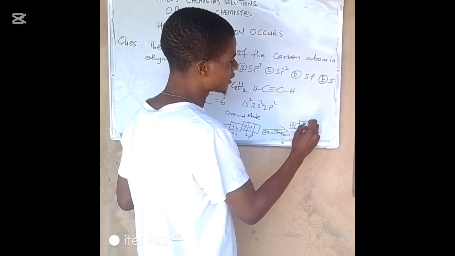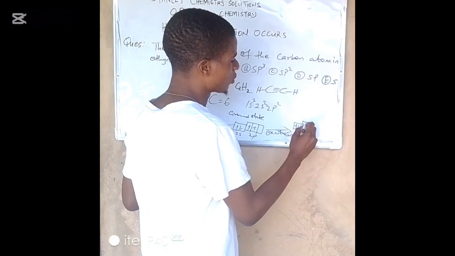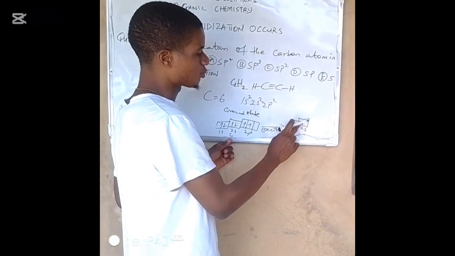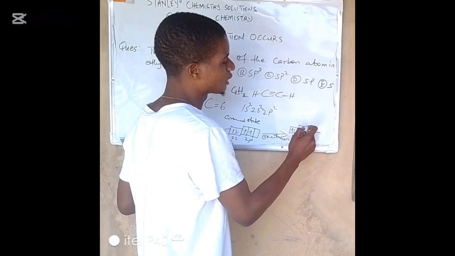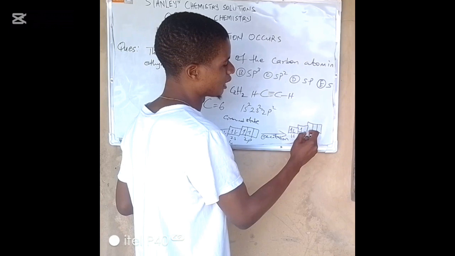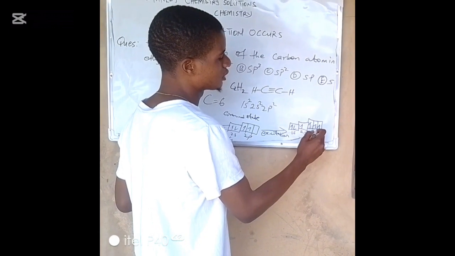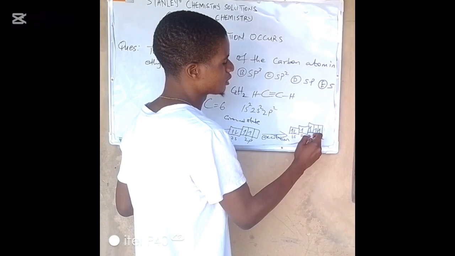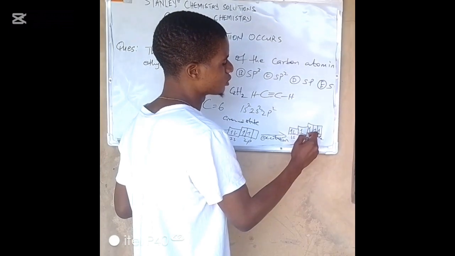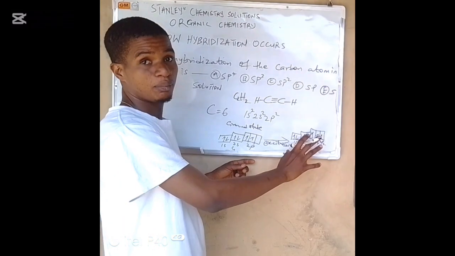In the 2s, after excitation, we only have 1, only the up spin. The down spin has been promoted to the last orbital in the p orbital, which is 2pz. Now this is 2pz, this is 2py, this is 2px. This is what we now have for a carbon.